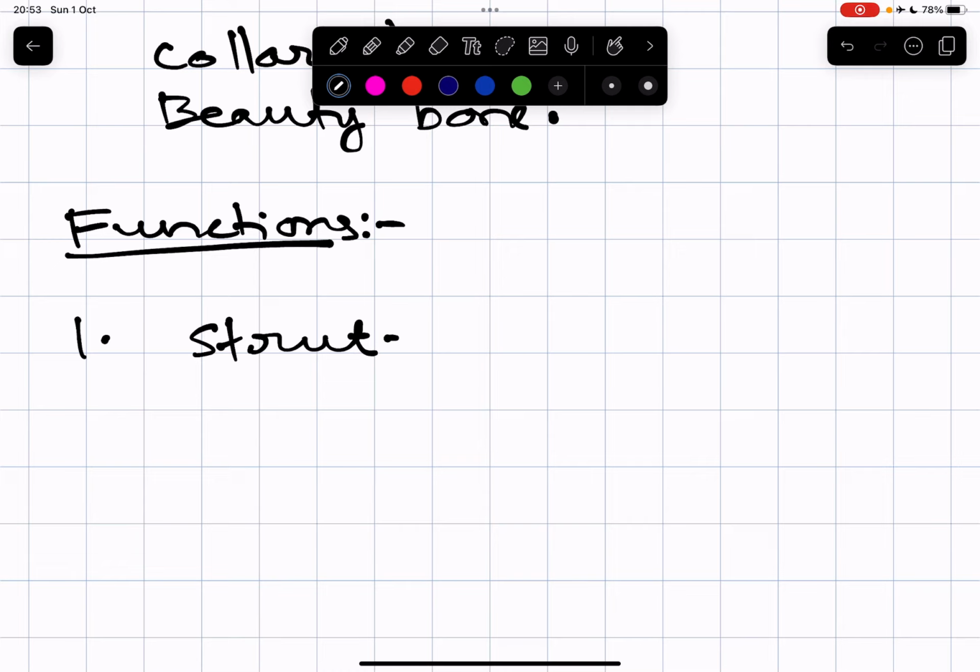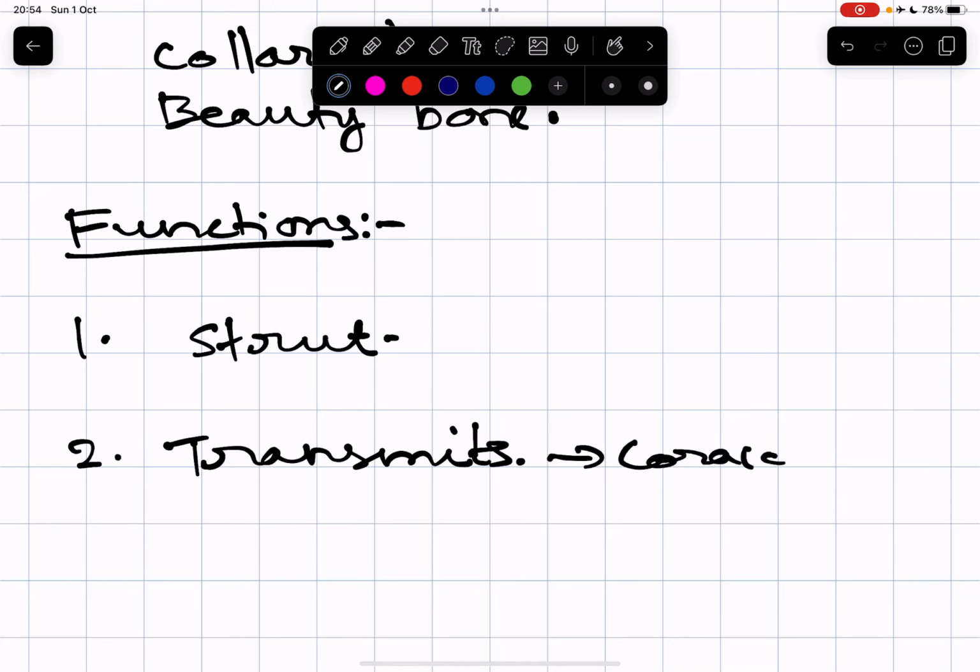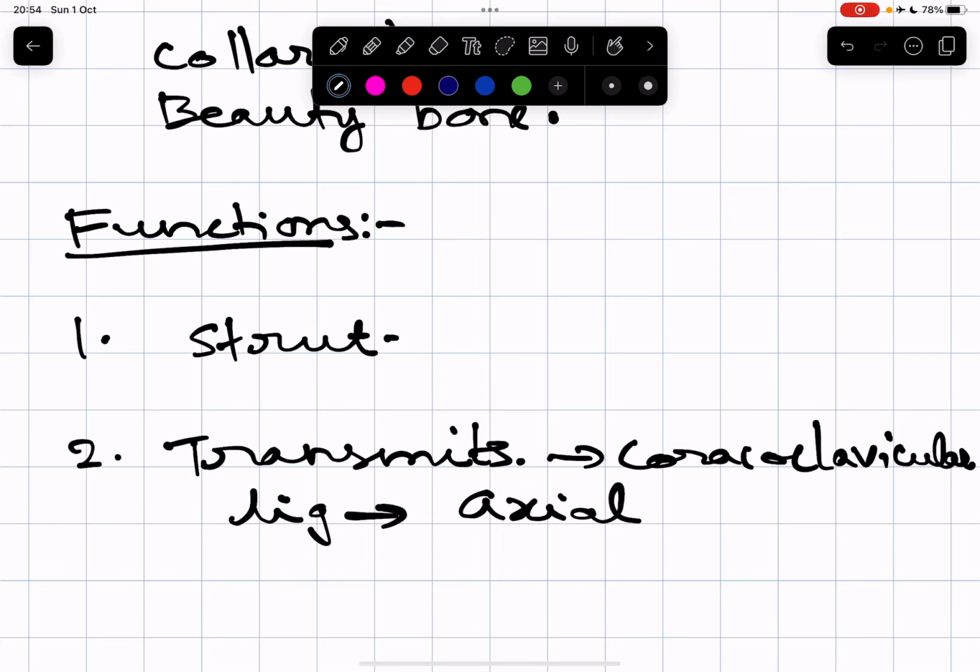Secondly, the clavicle transmits the forces from the upper limb, or we can say it transmits the weight of the upper limb, through the coracoclavicular ligament to the axial skeleton. Which part of the axial skeleton?